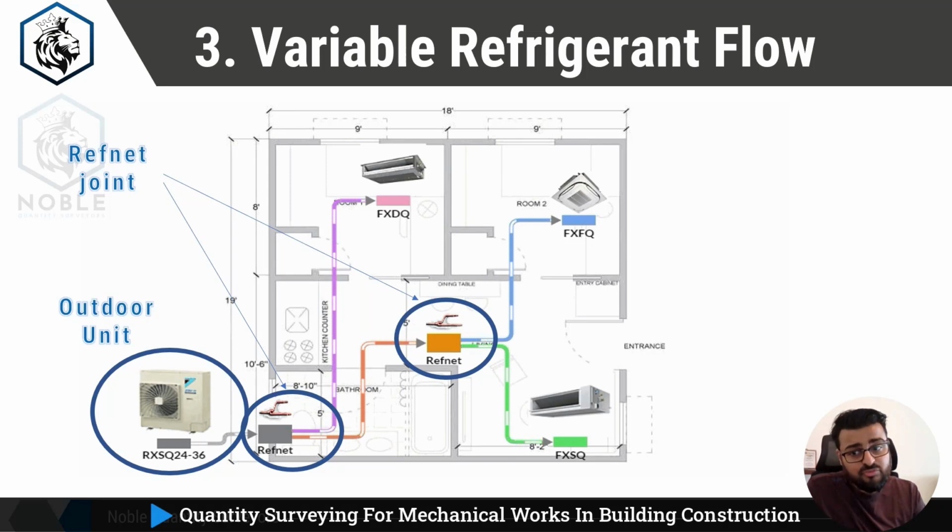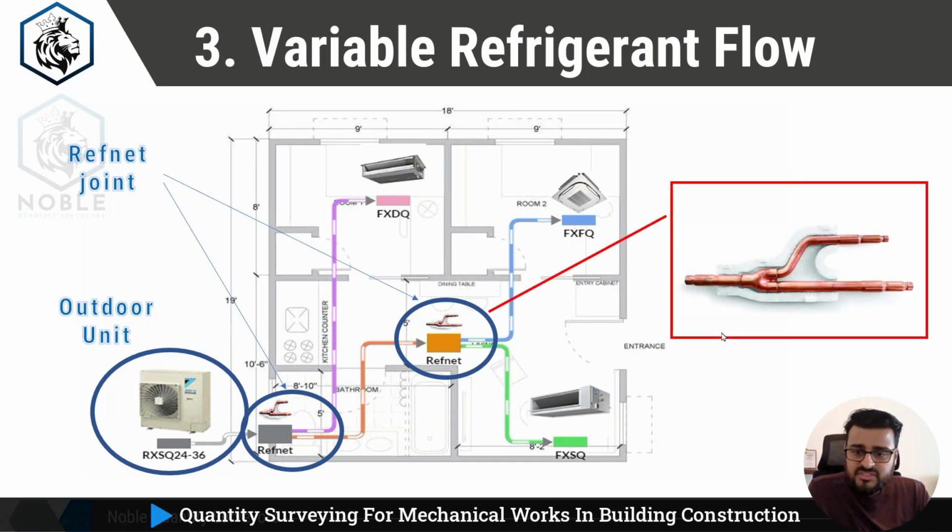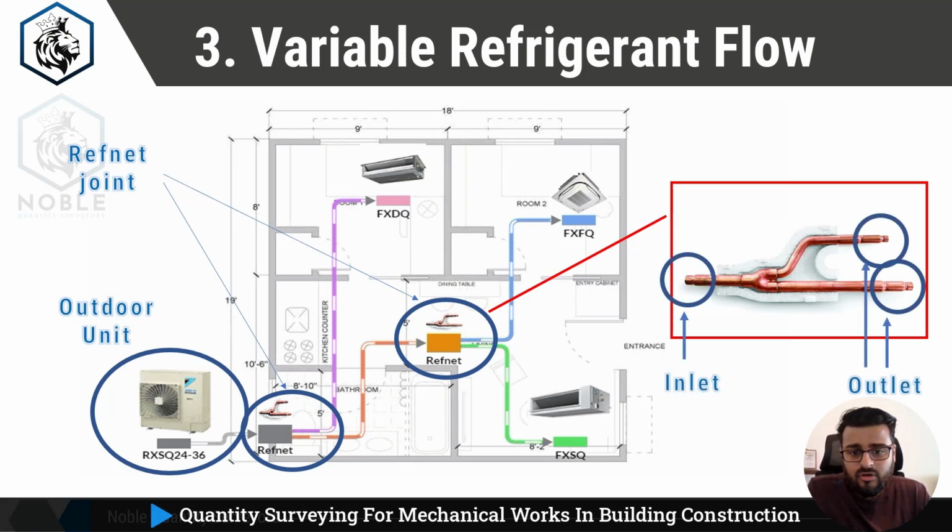Now there is one special joint which will be placed at a place where the pipes are splitting. The name of this joint is REFNET joint. Let's enlarge this for your understanding and look at this picture. What you can see is there is one inlet and two outlets of this joint. So what is the conclusion?